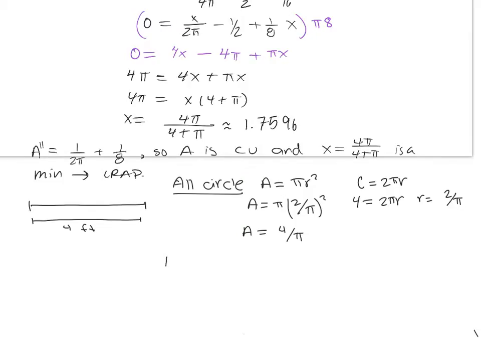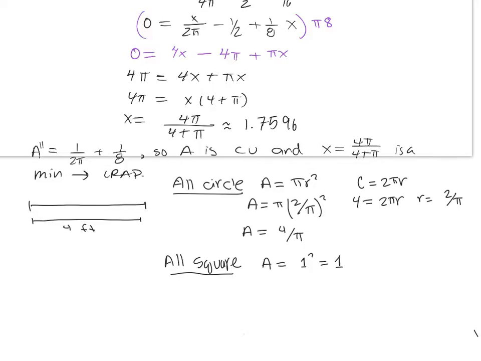Okay, what if you made it all a square? What would be the size you'd have on each side if the whole perimeter of the square was 4 feet? Each side's going to be 1, right? So the area would be 1 squared, or 1, right?